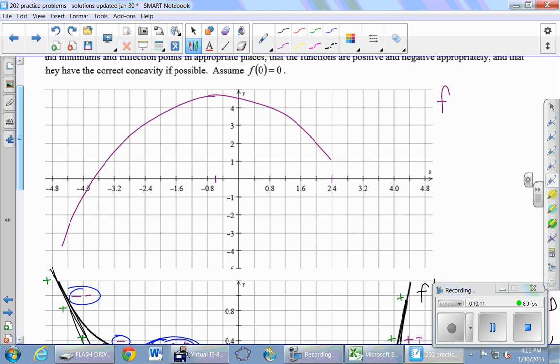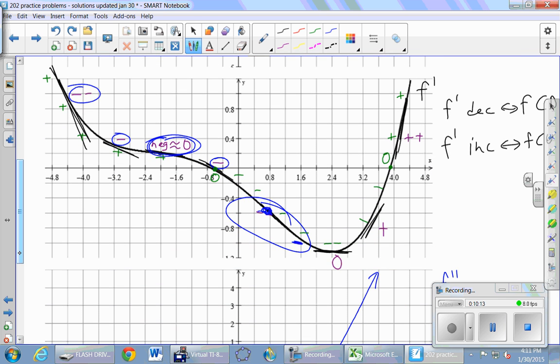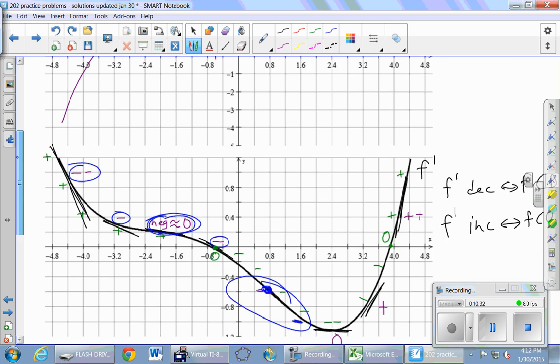And what changes there is the concavity. We're still decreasing, but now we're going to be concave up, because on this part of the graph, f prime is negative and f prime is increasing, which means f must be concave up. So we're going to do our decreasing until about 3.9 and concave up. Let's try that.